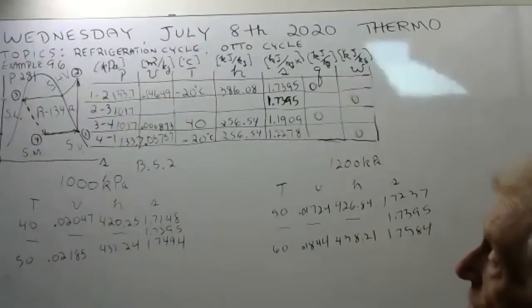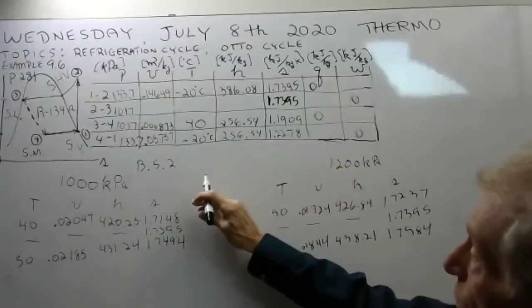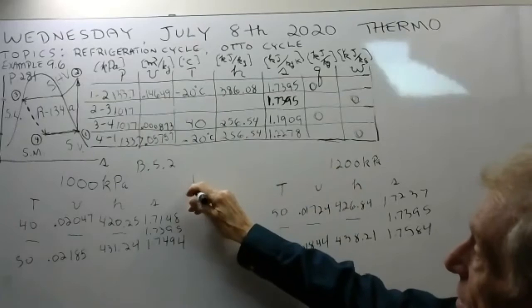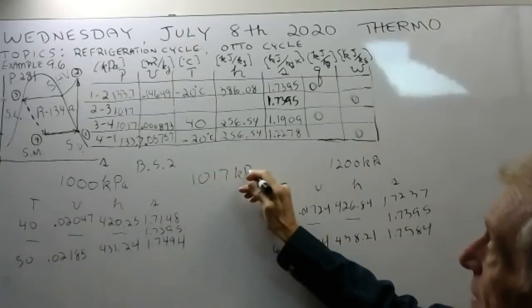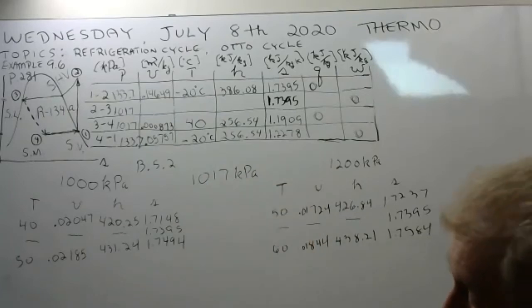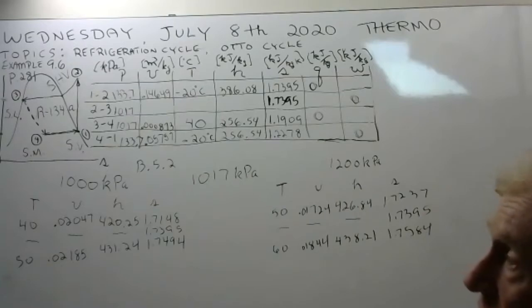But see, we don't want 1,000 and we don't want 1,200. What we want is 1017 kilopascals. So what you'd have to do now, they call this double interpolation.